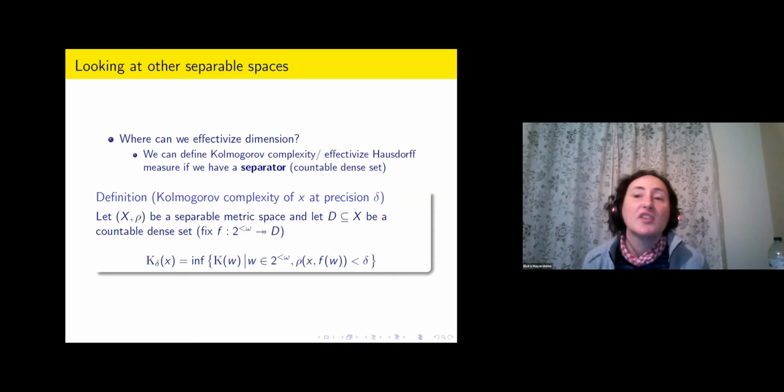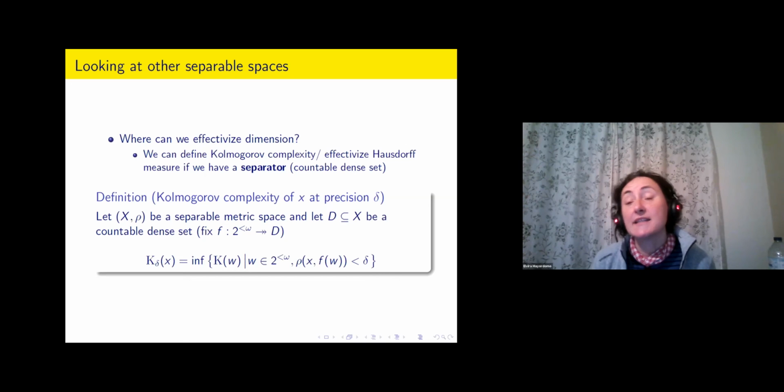Not the simplest overall, but the simplest at precision delta. It's exactly the same role as the rationals played in our past definition. But now you fix D and you fix an enumeration of D.